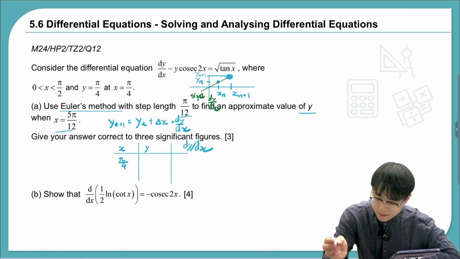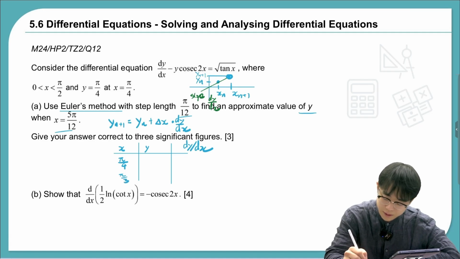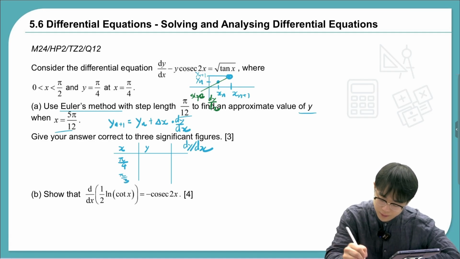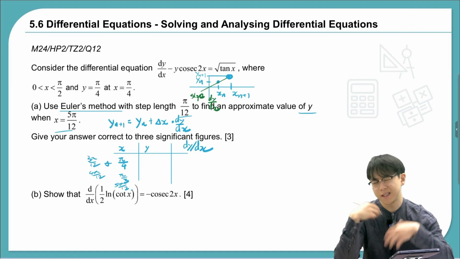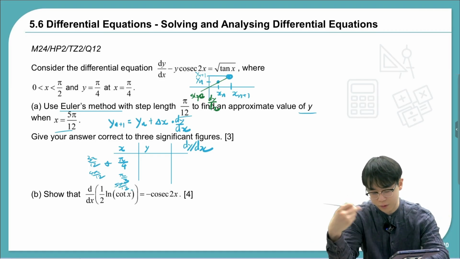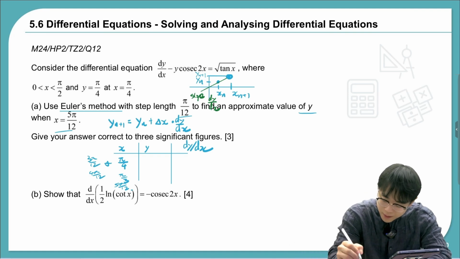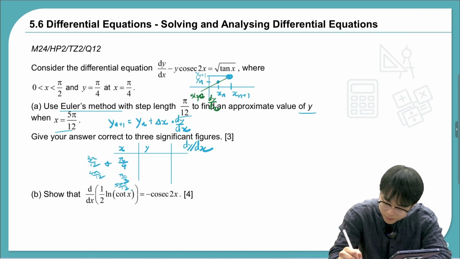So we could say that's going to be around pi over 3. Actually, if you were to write it more conveniently, this would be 3 pi over 12, 4 pi over 12, and then we would have 5 pi over 12. So we just need to perform Euler's method for 3 steps. Okay. And y is going to be pi over 4 initially.